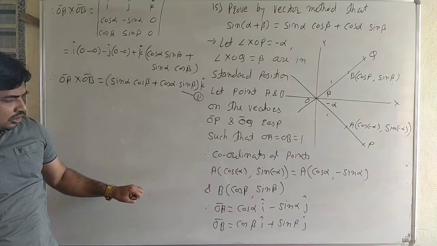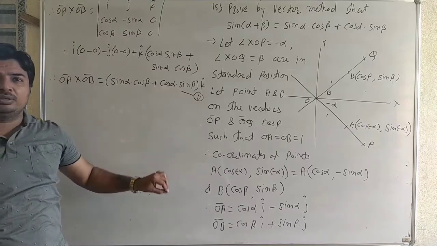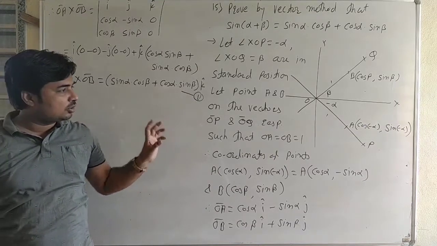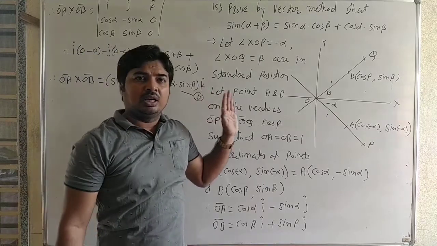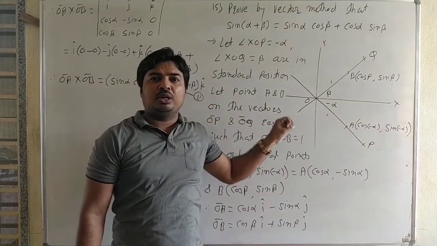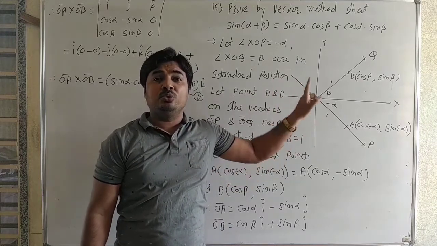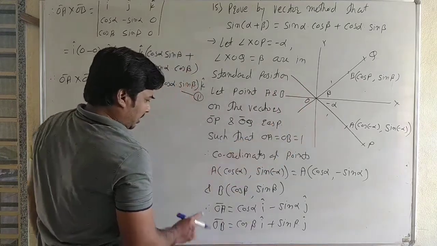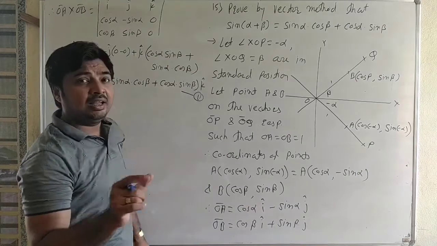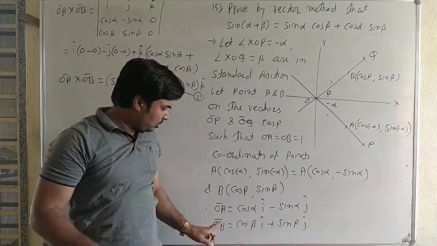Now we take the cross product of vector OA and vector OB by the definition. By the definition of the cross product, A bar cross B bar is magnitude of A bar, magnitude of B bar, sin theta into n cap. Here theta is the angle between the two vectors whose cross product we take.